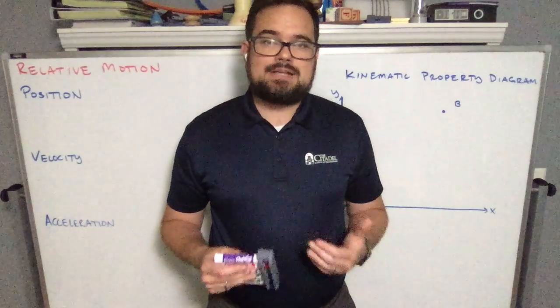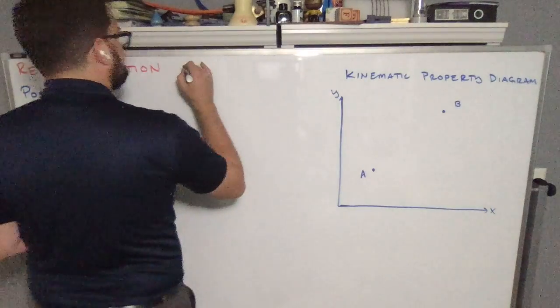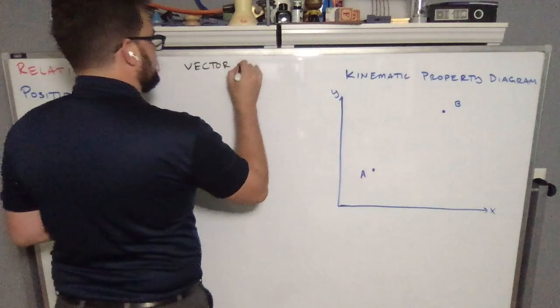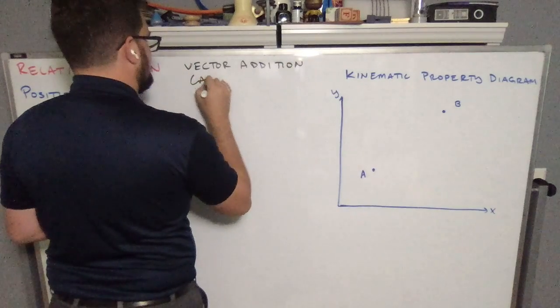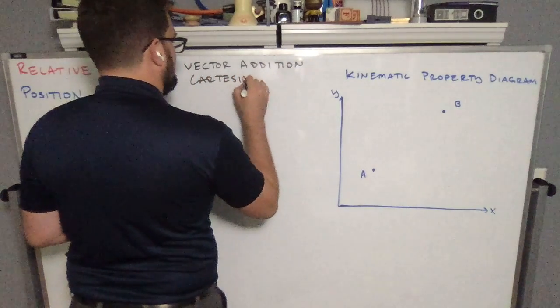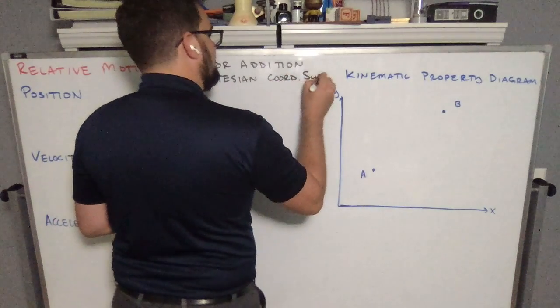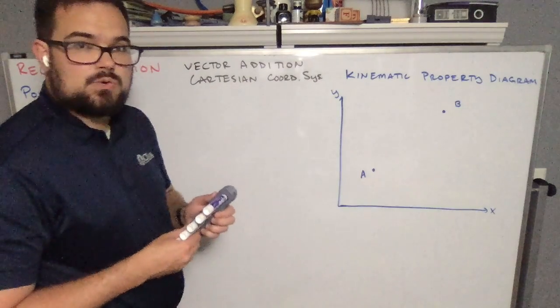And so if we're working in 2 dimensions, our best bet is to do vector addition in the Cartesian coordinate system. So it's possible that we've worked some set of kinematic relationships in a different coordinate system.